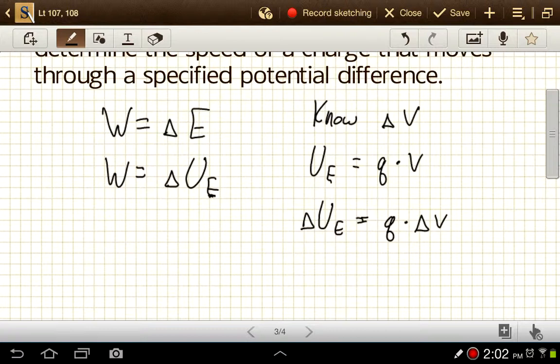So work here is just going to be equal to Q times delta V. And that should be a capital V. I'm not doing a very good job being consistent with my capital letters here. I got to be careful with that. Okay, so Q times delta V.